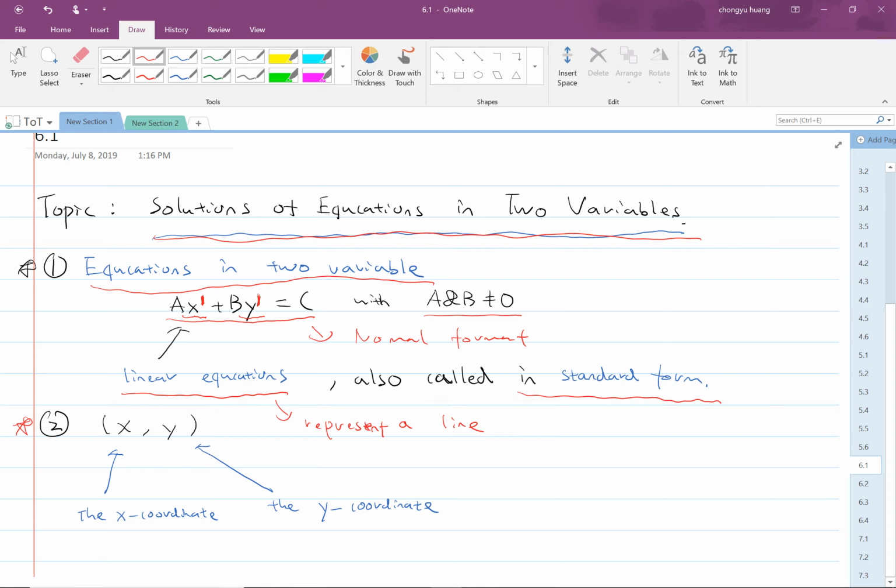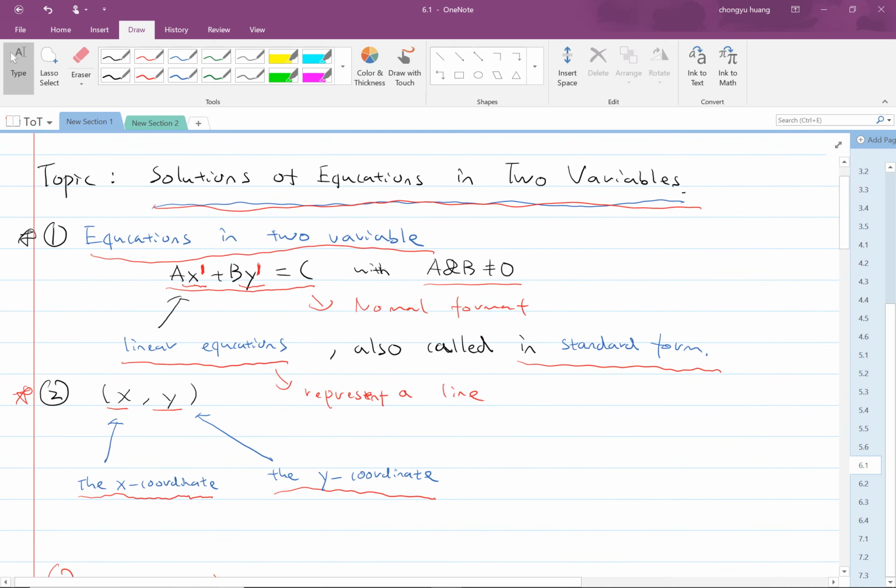The second thing you need to know is that since we have two variables, x and y, they represent the x coordinate and the y coordinate.